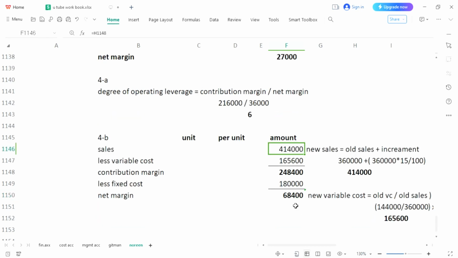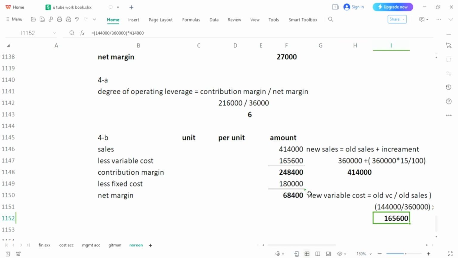Okay, guys, now net margin will become 68,400. What we have done: we have increased our sale from 360 to 414. Our variable cost has changed from 144 to 165, due to which our net profit has increased.